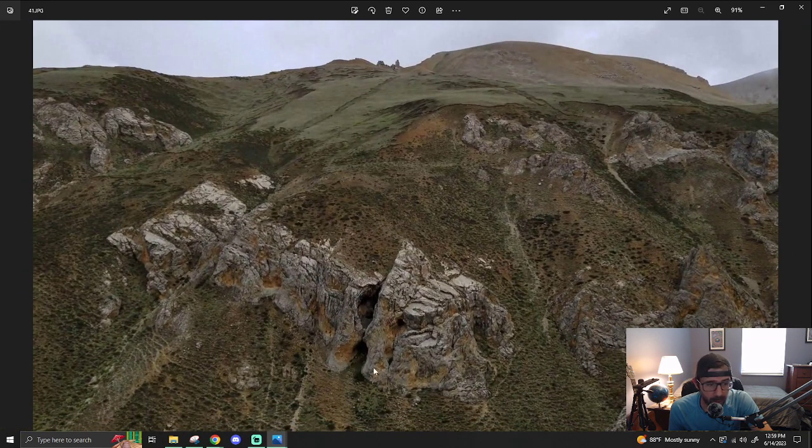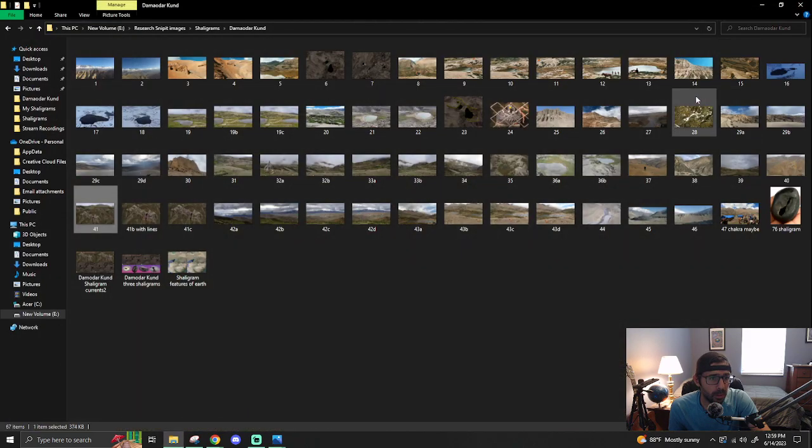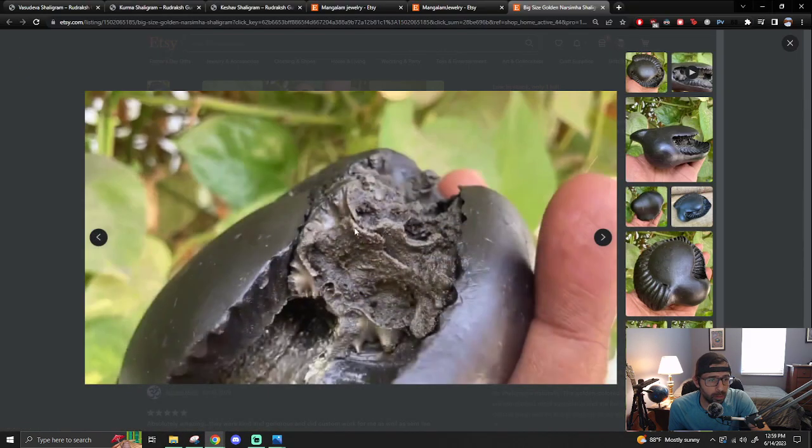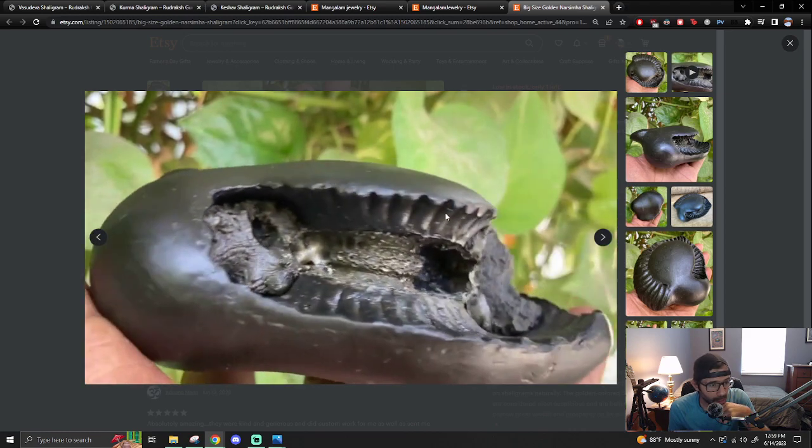It has this ammonite shape, and then this shape. Very much makes me think of the way those are layered. Oh my god.